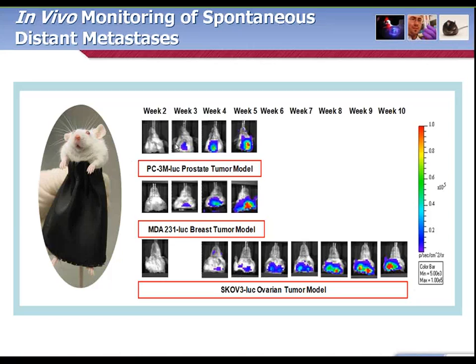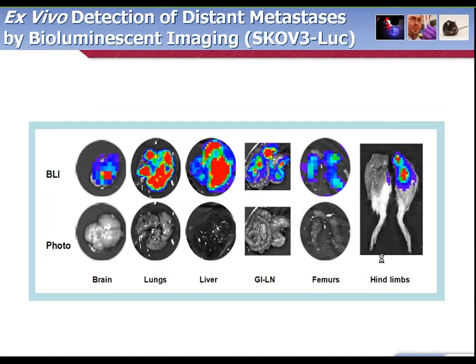You can see that in the prostate tumor model, there's light coming from above where the opaque material is. Same for the breast cancer model, same for the ovarian, indicating that the tumor cells have metastasized.